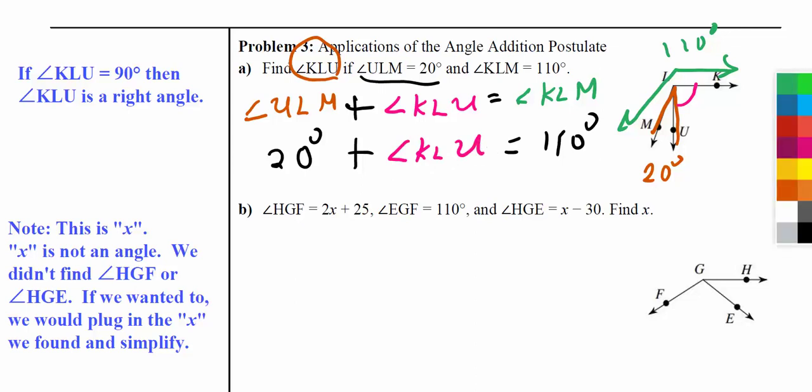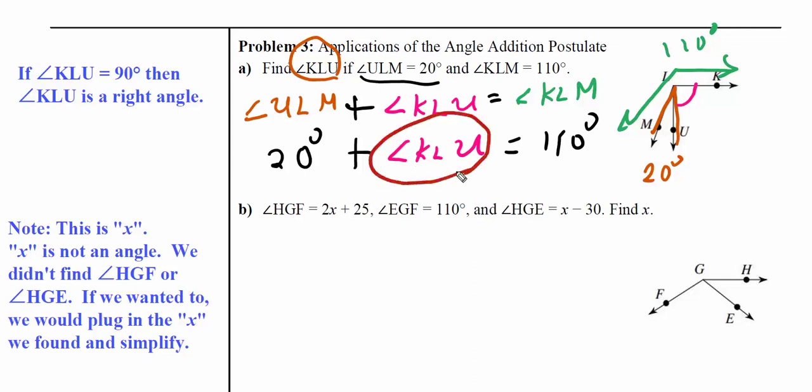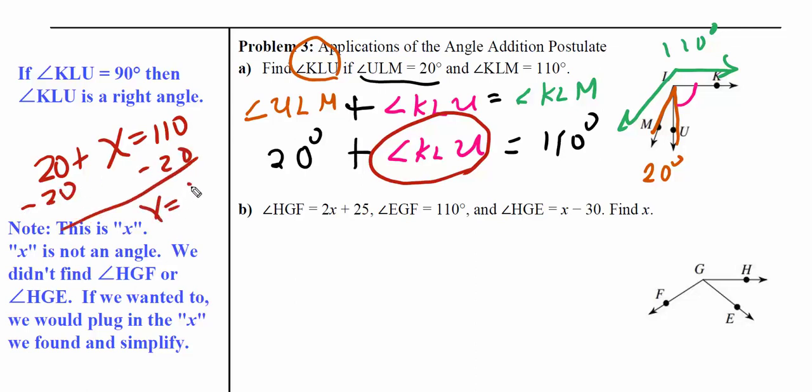We're going to go ahead and we want to get this by itself. Don't be scared that you see 3 letters. We're not solving for each letter. You can pretend that this whole thing is just x, right? So if you want to pretend that this equation is actually 20 plus x equals 110, if that helps you, then that's what we're doing. We're just subtracting 20 from both sides, and we get x equals 90 degrees.